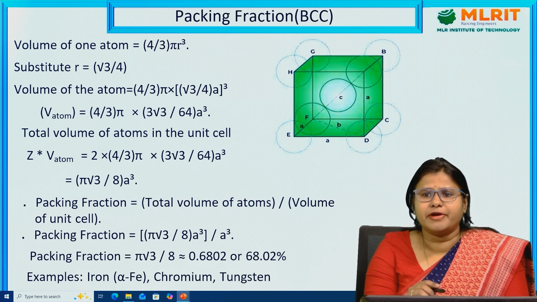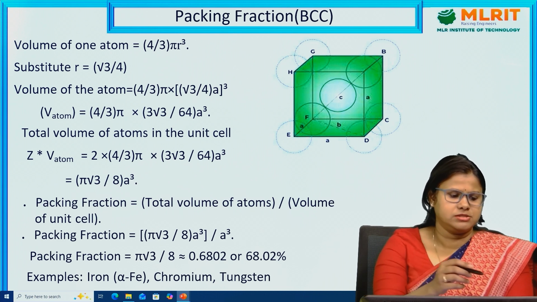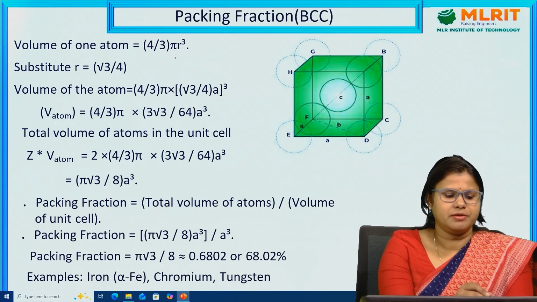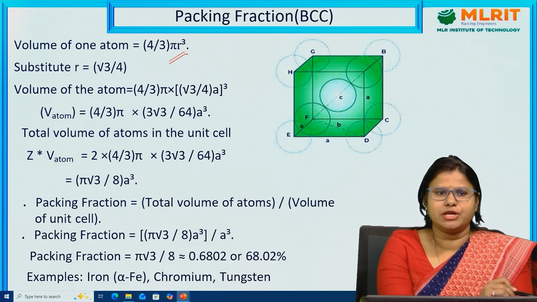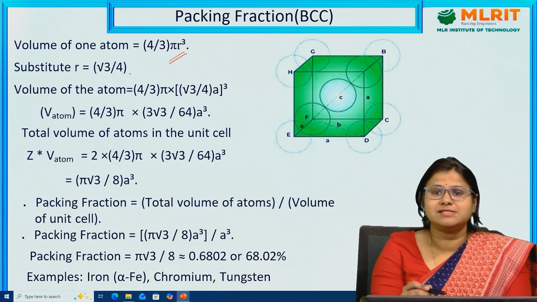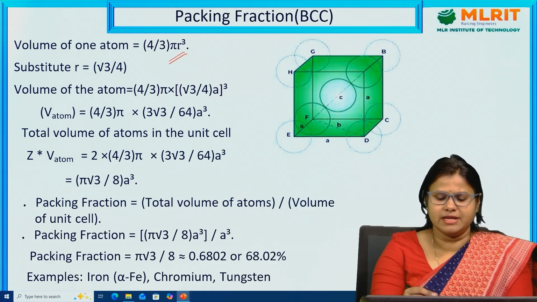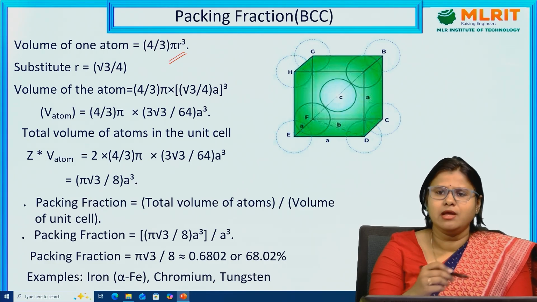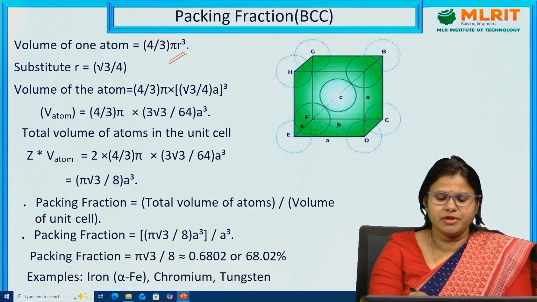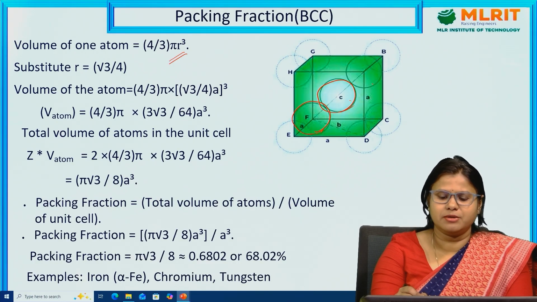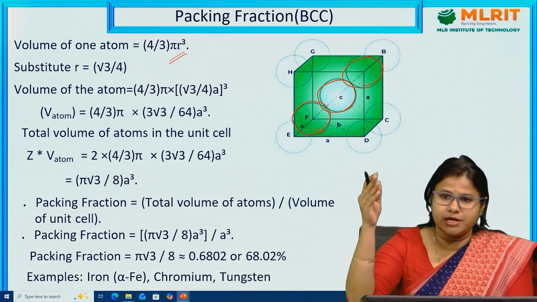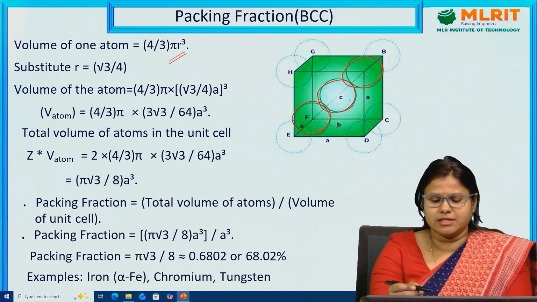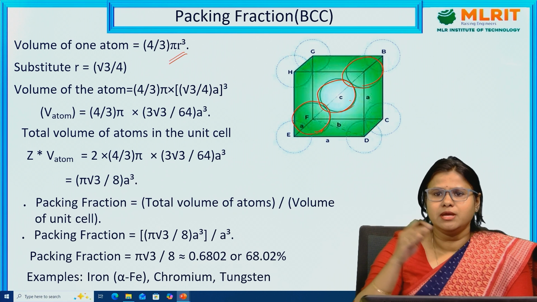Then let's find out the packing fraction of this body centered cubic crystal. Here the volume of one atom is 4 by 3 pi r cube, and we have to find the relation between a and r again. If we consider a main body diagonal, along it we will get one atom, then one central atom, and at the other end of the main body diagonal another atom, and all those will be in a straight line.